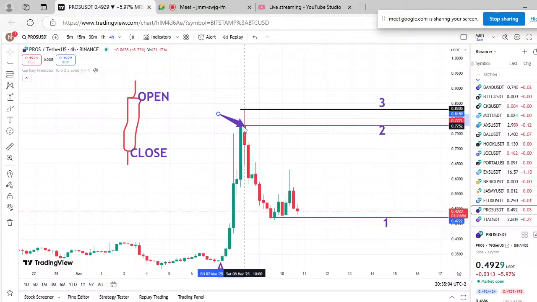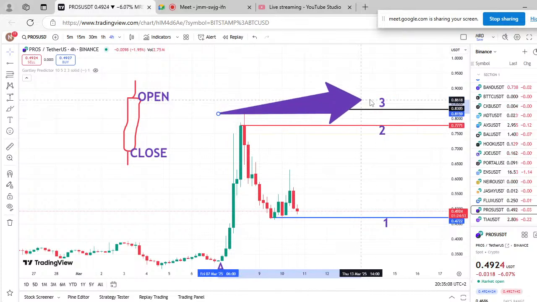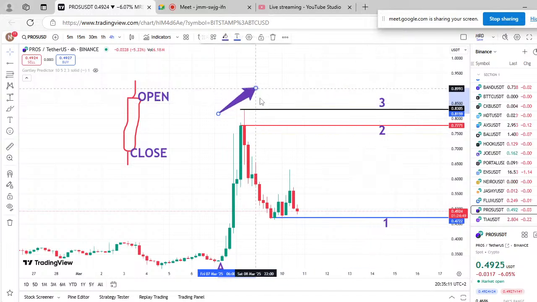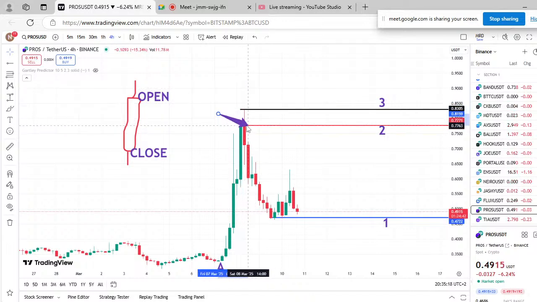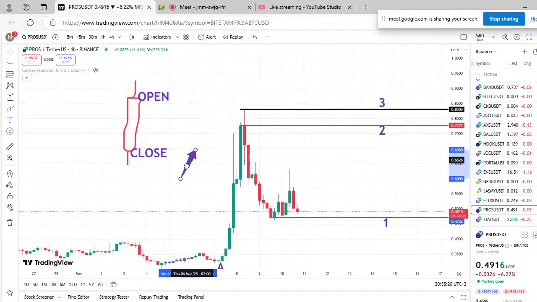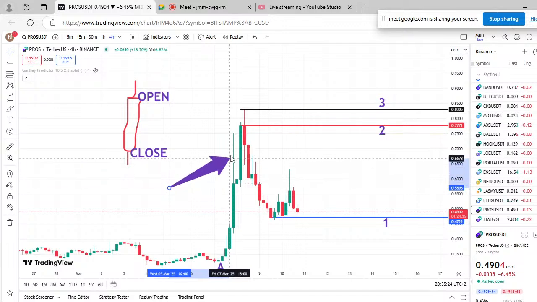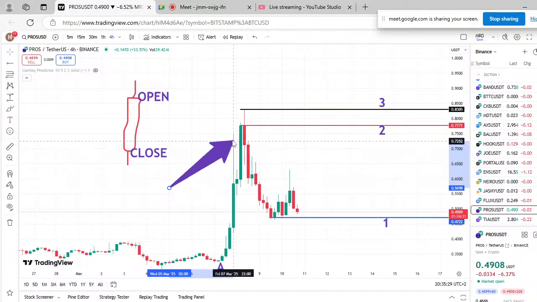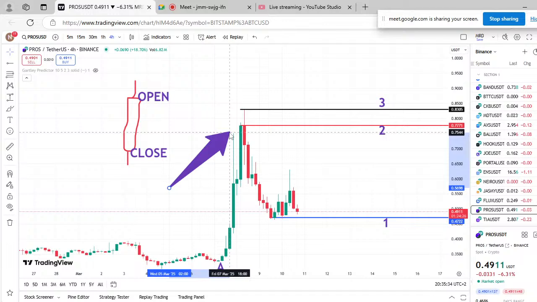Are we together? So here we are not considering the wick, which is number 3, as take profit. We are considering the close or the open of the red candle. For example, if we consider this green candle, this wick has the highest point, but its close is here.